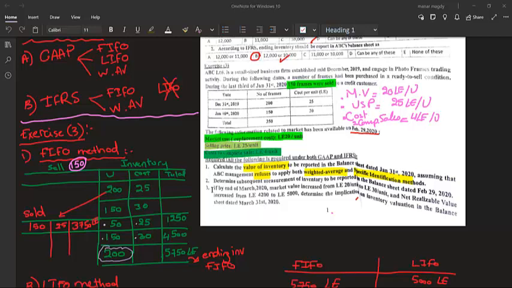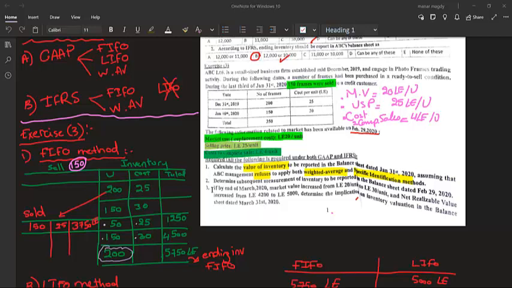First, we should differentiate between using market value and net realizable value. Market value is used under GAAP, and net realizable value is used only under IFRS, where you can make inventory valuation to market value under GAAP, while net realizable value is used under IFRS.